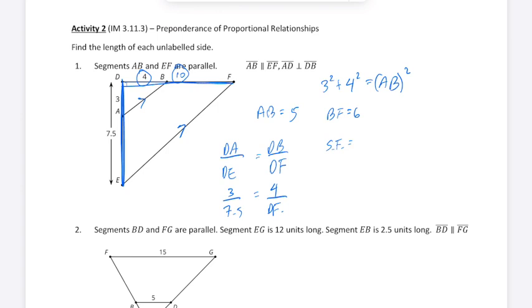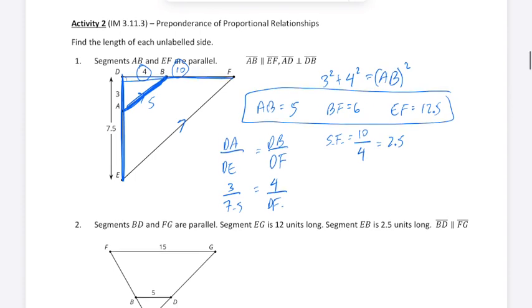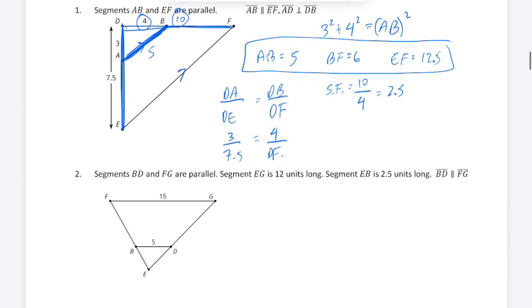So the scale factor is going to be 10, the whole thing, over 4. So the scale factor is 2.5. So if AB is equivalent to 5, multiply 5 by 2.5, and then EF will be 12.5. So those are the missing sides. Okay, there's so many different ways you could have solved it. Your way could have looked very different from mine. But they're all correct.